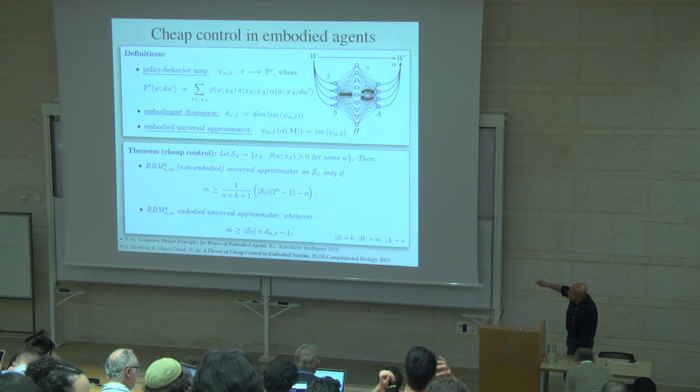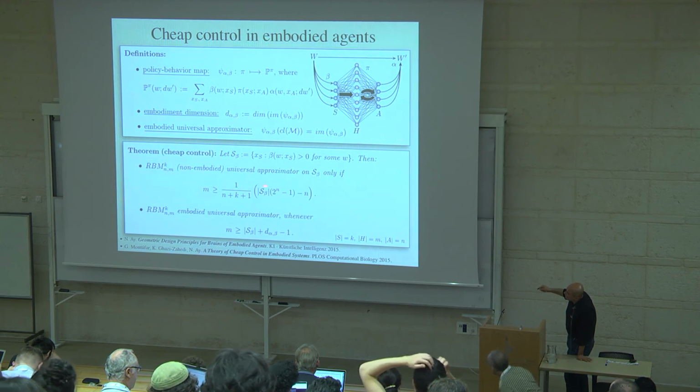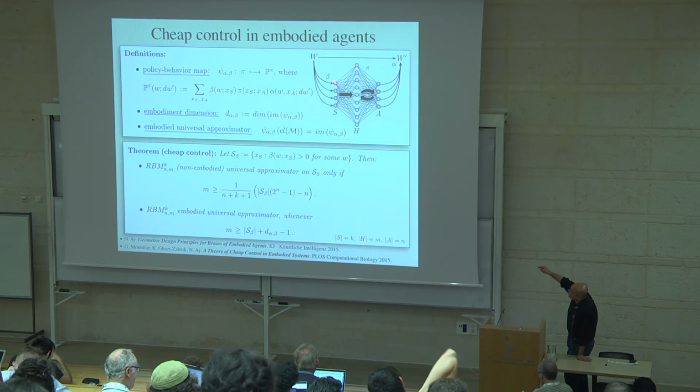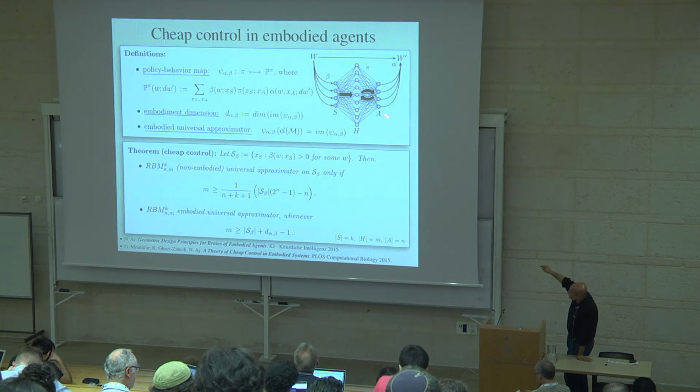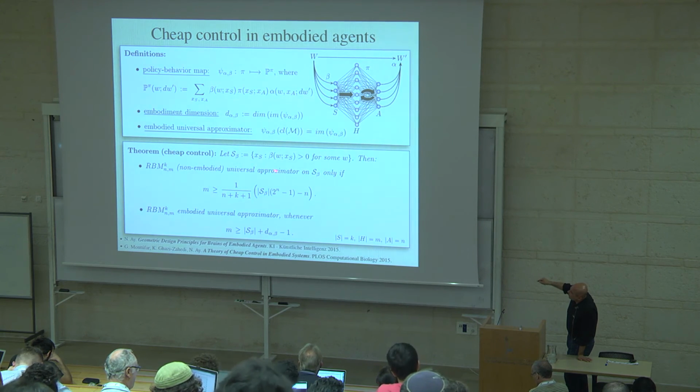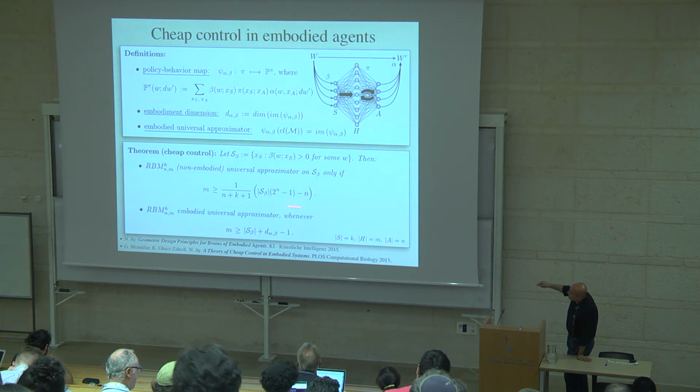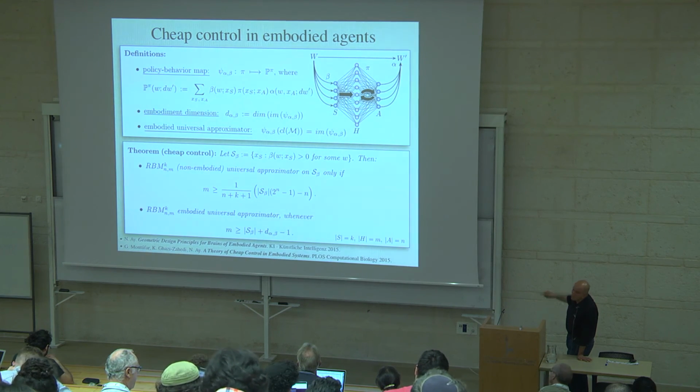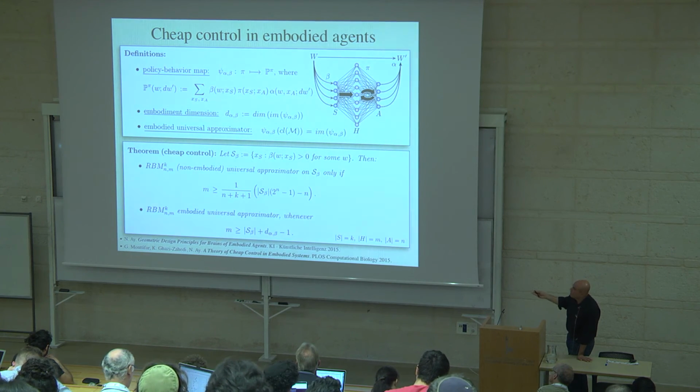The important point is, if you want to model all policies from S to A, then you need a number of hidden nodes that exceeds this number here, which is the necessary condition that I had derived before for the universal approximation.